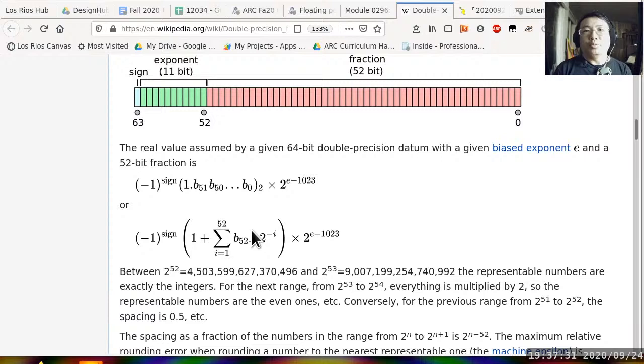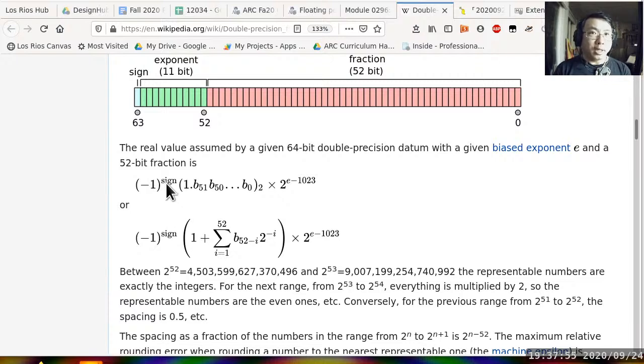When you look at each one, it's kind of difficult to read, so let me read it out loud first. This really is -1 to the power of sign. But sign is only 1 bit, which means the value is either a 0 or 1. So when sign is a 0, -1 to the power of 0 is 1.